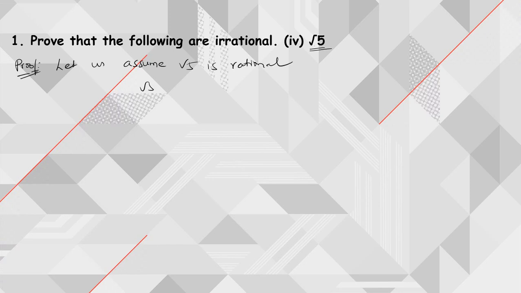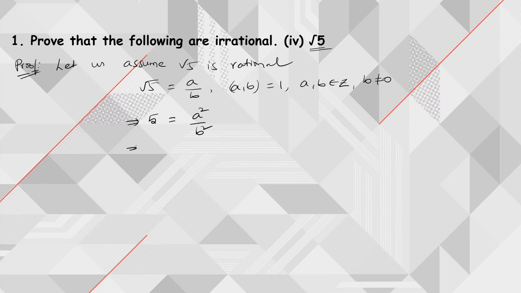Then root 5 can be written as a by b such that the HCF of a, b is equal to 1 and a, b belong to integers and b is not equal to 0. So from this, when you do squaring on both sides, you are going to have 5 is equal to a square by b square.